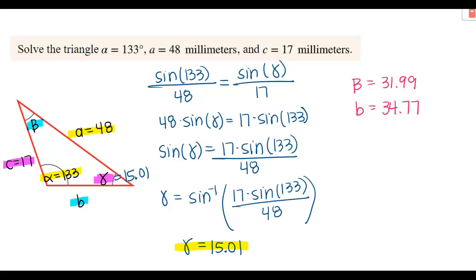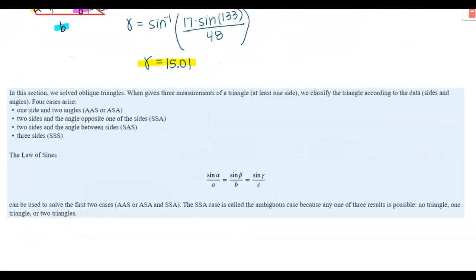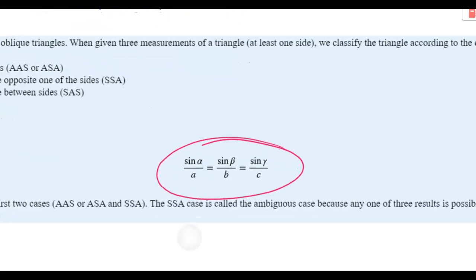You would need to find beta first before you find little b. And then just to recap, this is kind of everything together. Here are your laws of sines and cosines with their correct ratios.